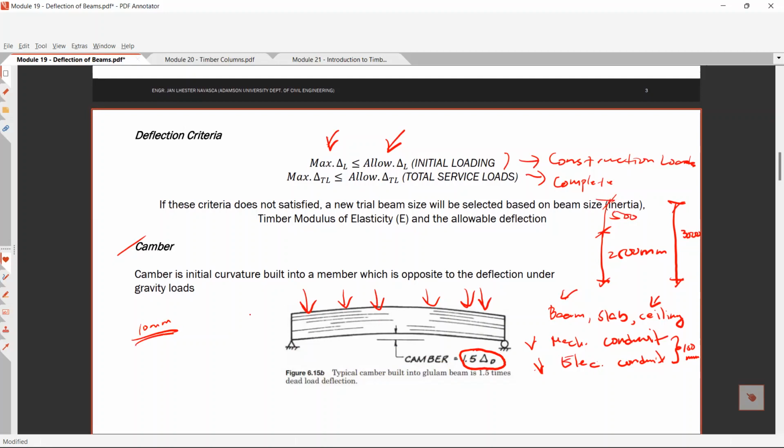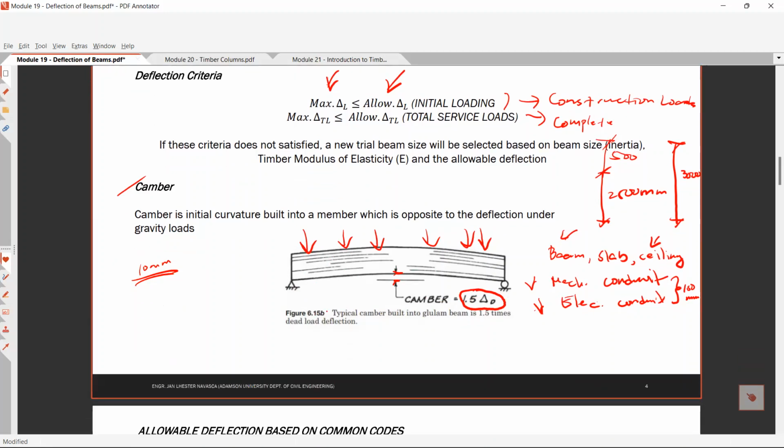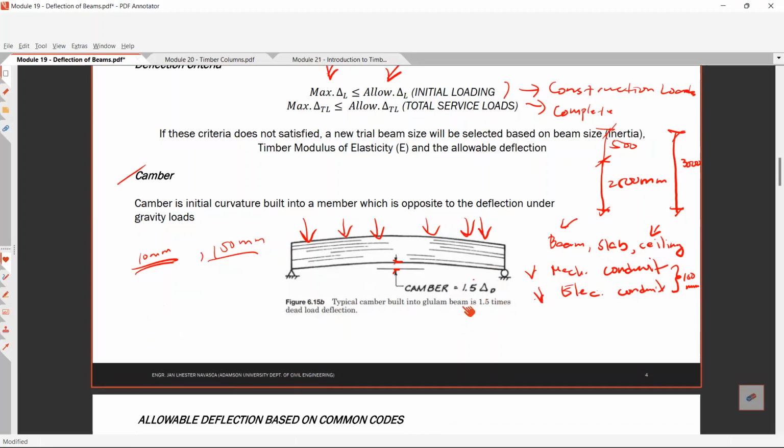Yan yung kulang mo, so iaangat mo siya ng 10 millimeters. So hindi rin basta-basta yan. Kunwari may 100 millimeters ka na sobra. So ang solution mo ba, ika-cambering mo ba yan? Hindi. Meron siyang limit na 1.5 times the delta D or yung deflection due to dead load.